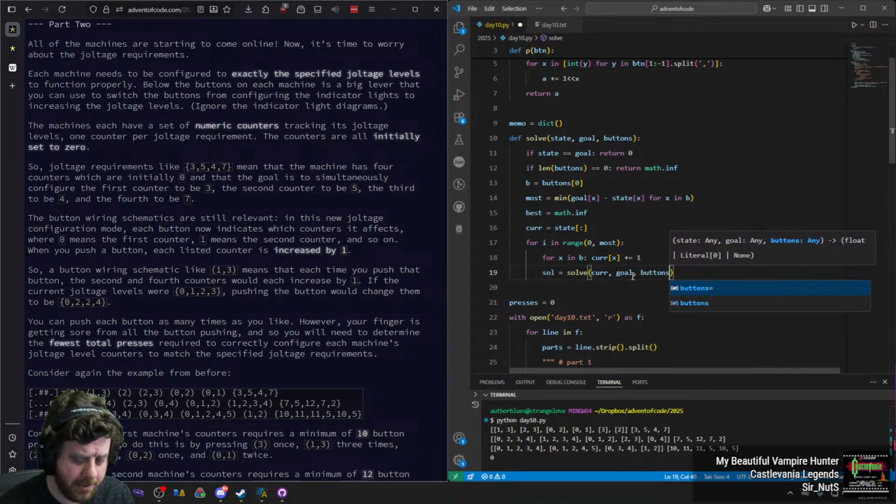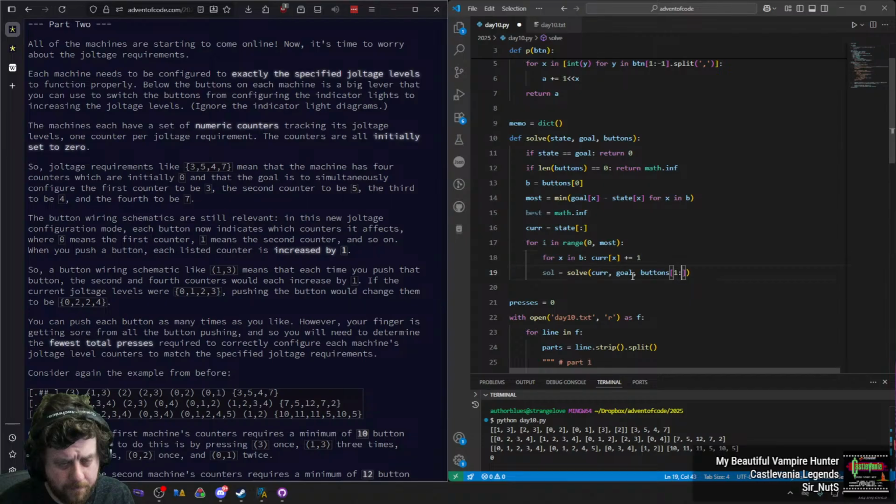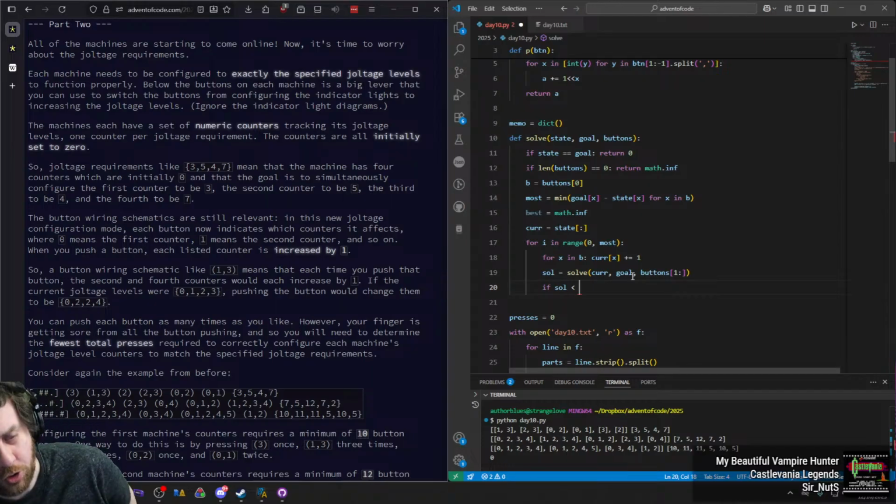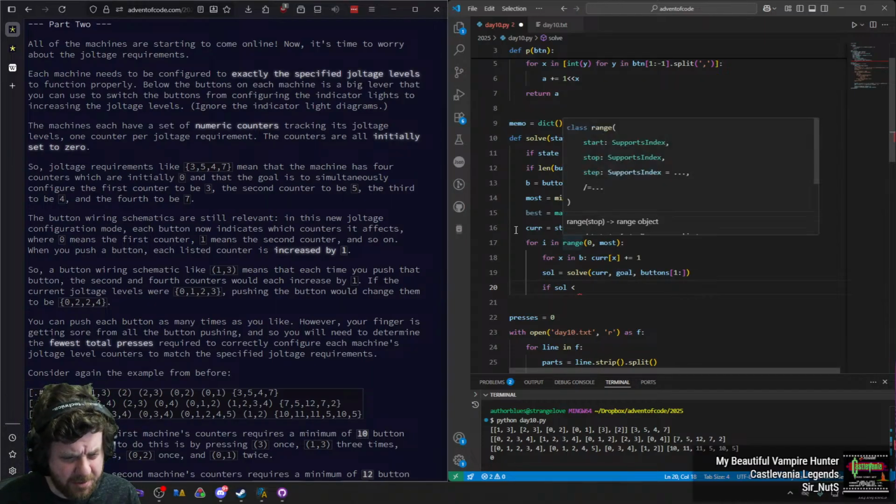Circle buttons, but chop off the first one. Sol is less than... This is going to be a worse search if I don't start from the top. Which makes me a little upset.